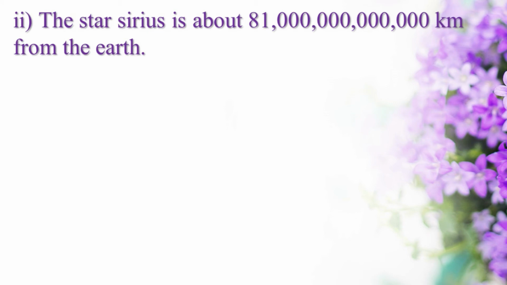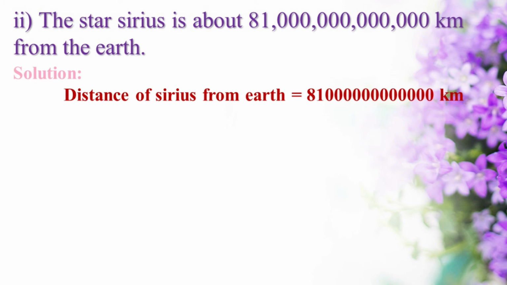The star Sirius is about 81 quintillion kilometers from the Earth. Let us find the solution. What do you have to find here? You have to just convert the number to standard form. That's all. Solution: distance of Sirius from Earth is equal to this number. Given number is 81 quintillion. So, how many steps do you have to move? There should be one number before the decimal place. So, 8 is the first number.